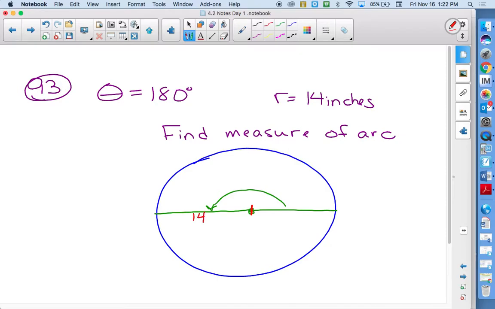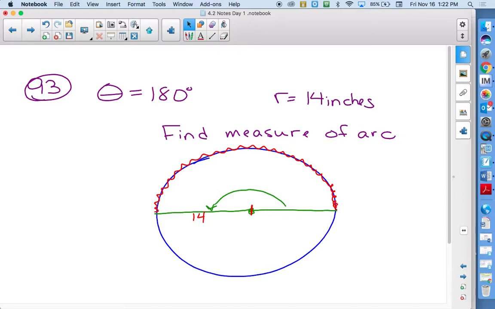And the question is to find the measure of the arc, which we also know as the circumference from geometry, but now we're saying this is the arc length, the arc that is across from the angle that we're working with. So that would be the space that we're trying to find. How can you find the measure of the arc?